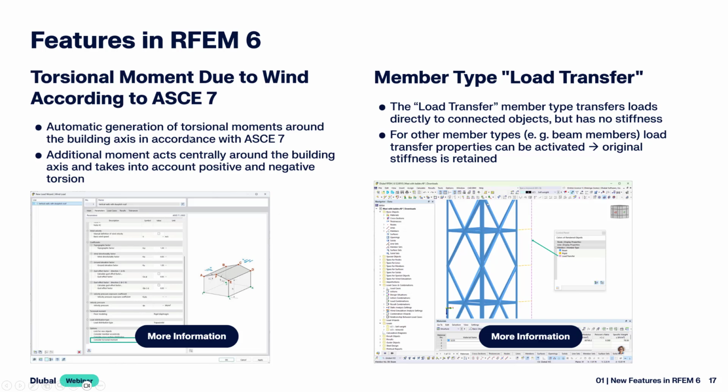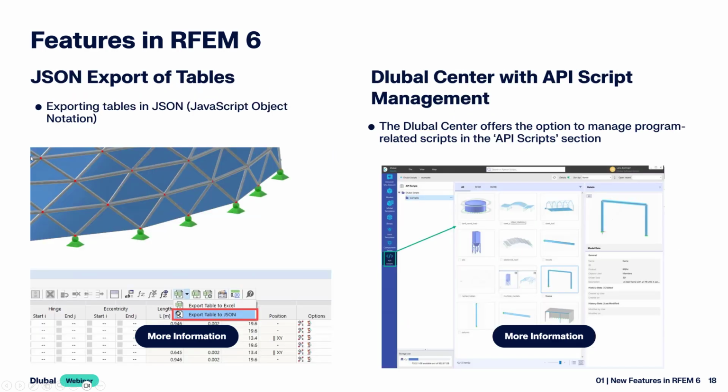That's a feature for America. The torsional moment due to wind is implemented. Then the new member type load transfer transfers loads directly to the connected objects. And it has no stiffness. I showed it also in the program when I showed you the Excel export.